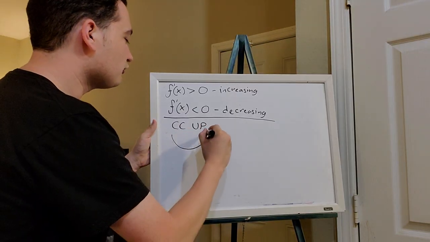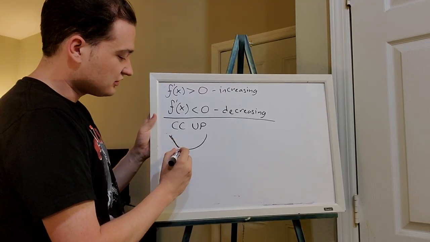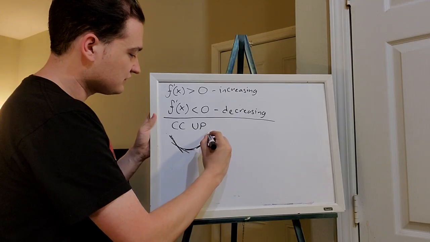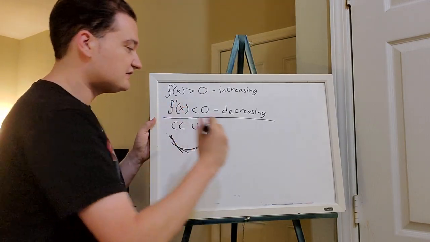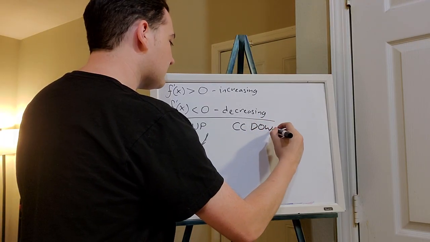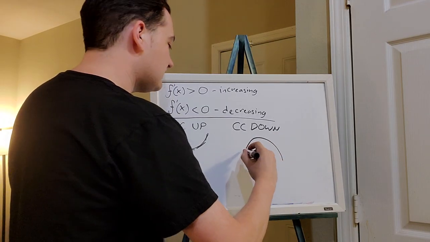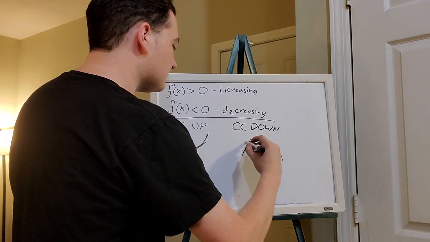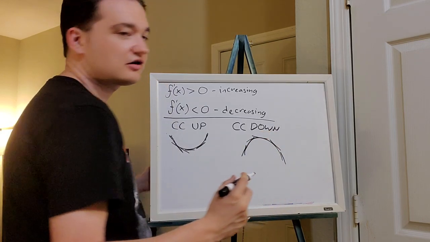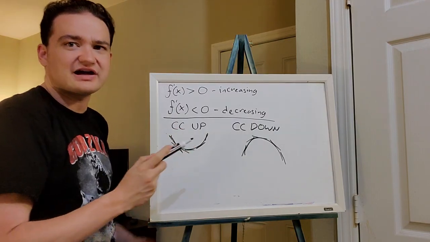Okay. Another way you could think about it is our tangent lines are below the curve for our function. Similarly, CC down means concave down, like some sort of dome. And here our tangent lines are above the curve. Okay. So that's what concave up and concave down means.